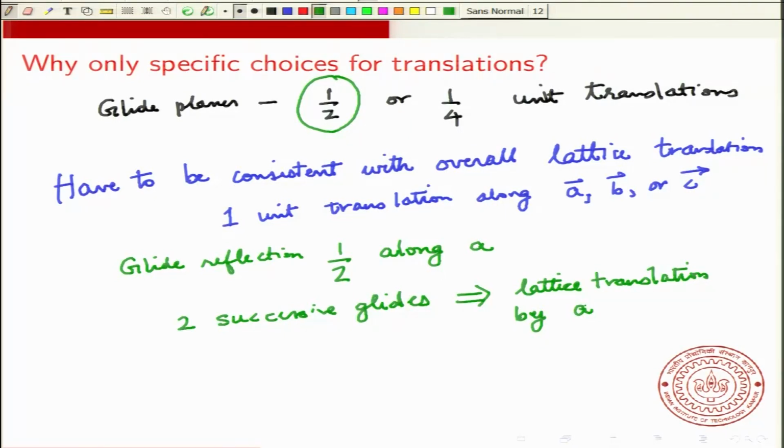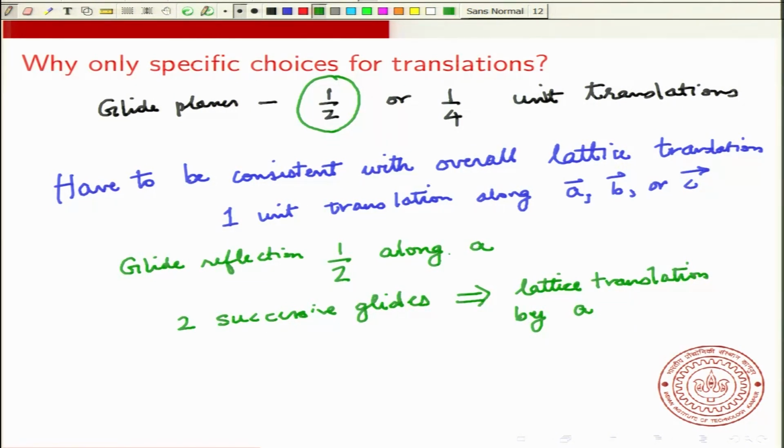When you do two successive glides, you will again reflect, so you will come back to the original sense with respect to the plane of reflection, and then you translate by A. So the effect of two successive glides is just a lattice translation by A. In other words, the two mirror reflections will cancel each other, and what you will be left with is just a translation by half A followed by another translation by half A.